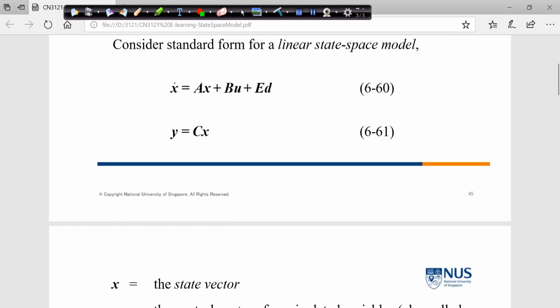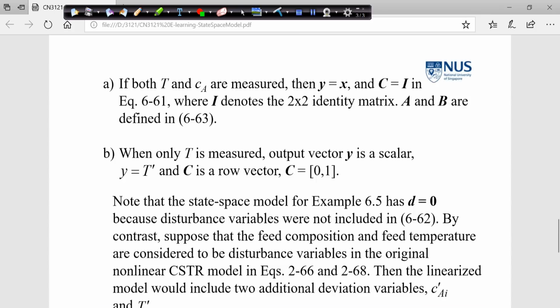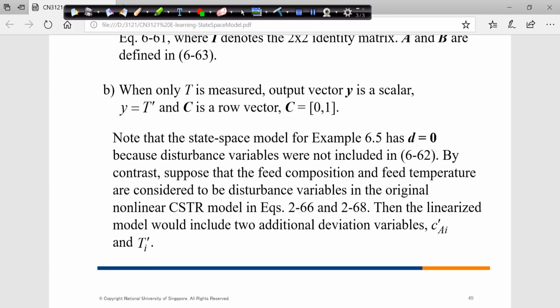If we have both concentration and temperature measured, then the second equation becomes Y equals X. If we only have the temperature measured, then this term becomes Y equals T prime. So the C becomes a row vector. The first term is 0 because the concentration is not measured. Only the second term is 1. The temperature is passed to the Y as a scalar.